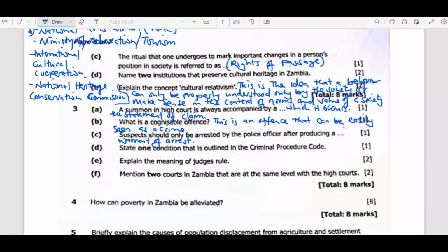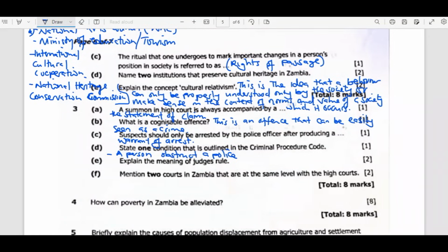So one that you're going to mention is that when a person obstructs a police officer or personnel from doing his duties, then that becomes a case.